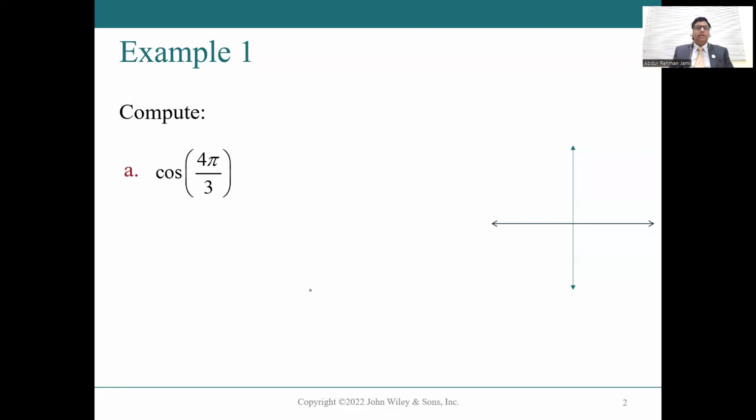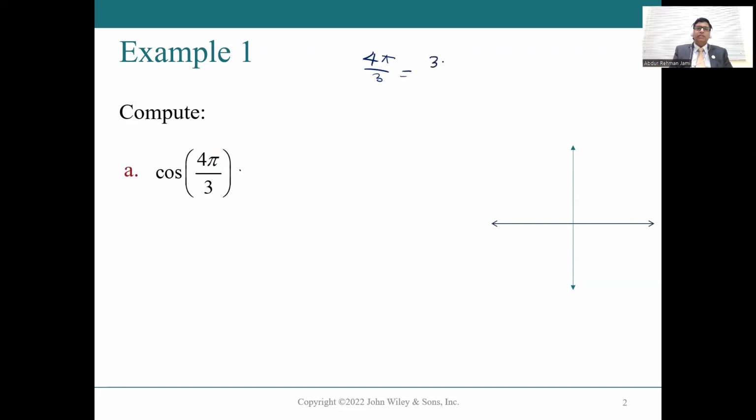This is a question. Evaluate or compute cosine of 4 pi over 3. For this, we always write down this function. This 4 pi over 3, we can write this way. Always write the first number as a multiple of the denominator.